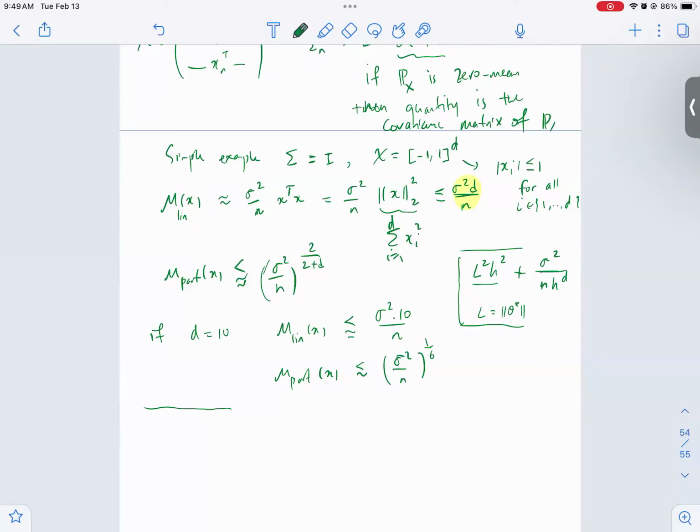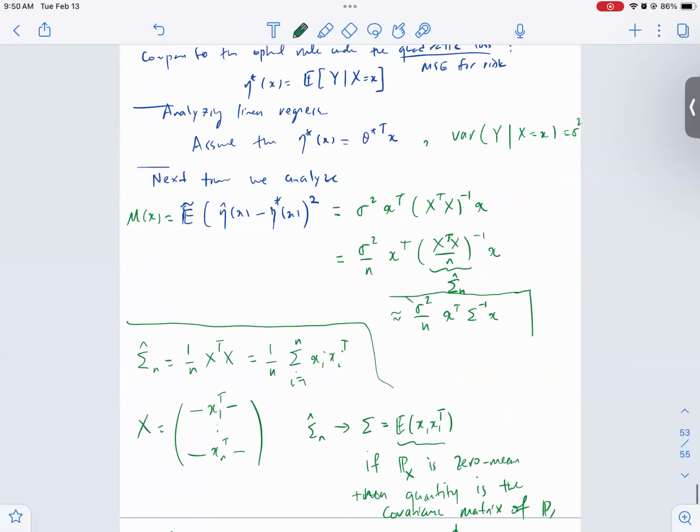Good question. Maybe I'll show you later what the partitioning looks like in this case. Questions, comments?